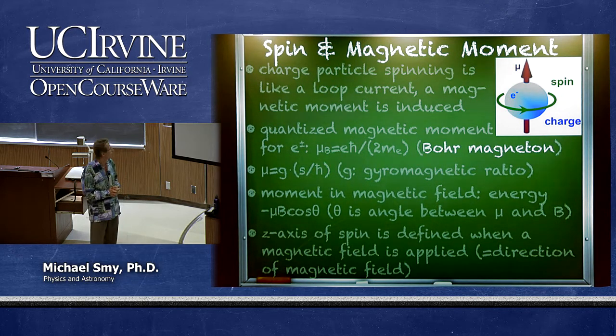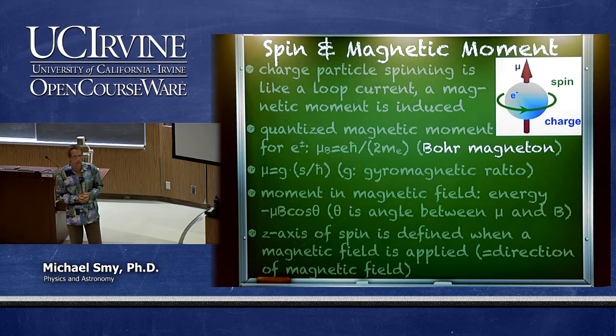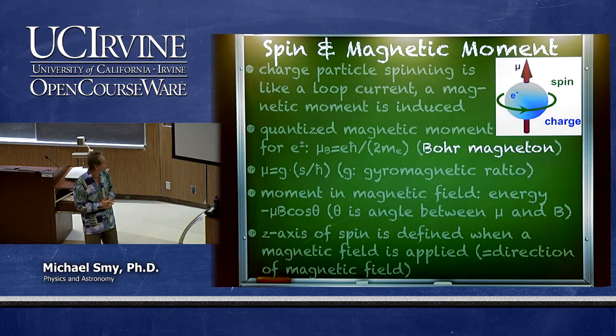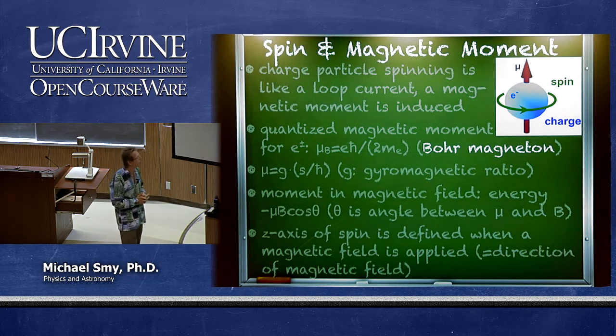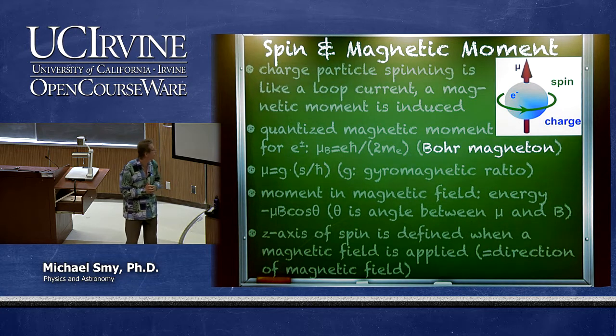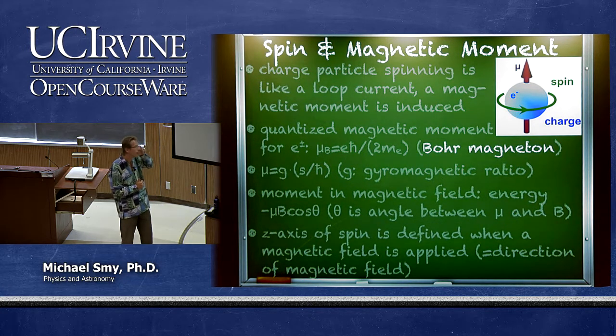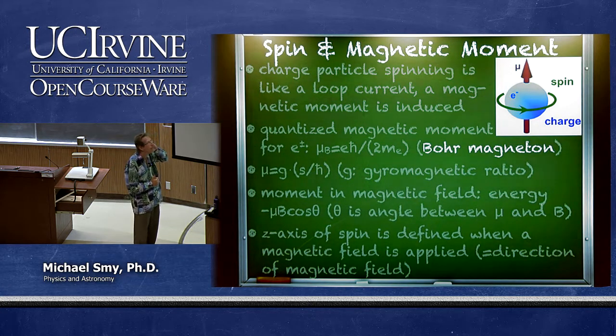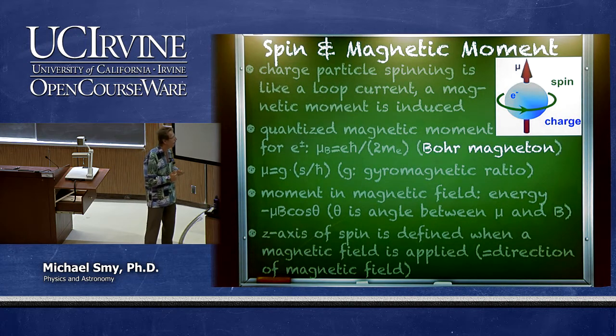The magnetic field singles out a particular direction in space, and that defines the z-axis of the spin. So if there's no magnetic field applied, then the spin could point in any direction because it's not measured. But if you apply a magnetic field, then one particular direction is identified, and that is usually then called the z-axis.